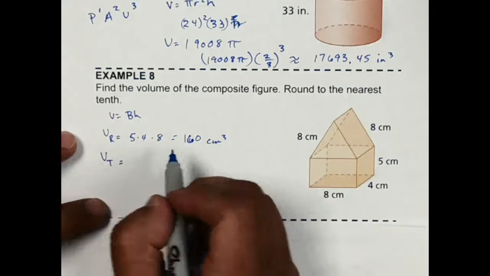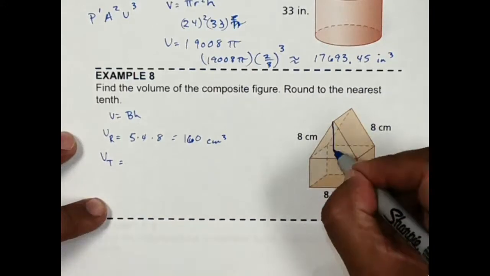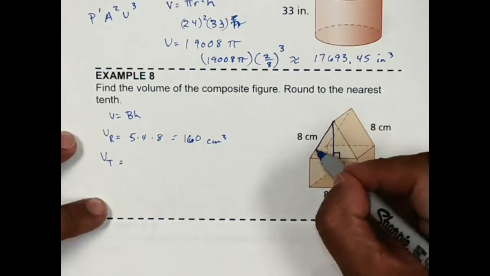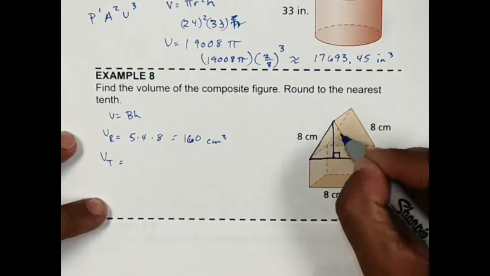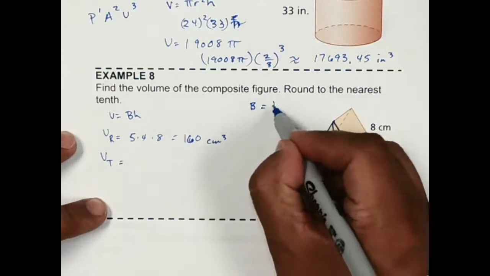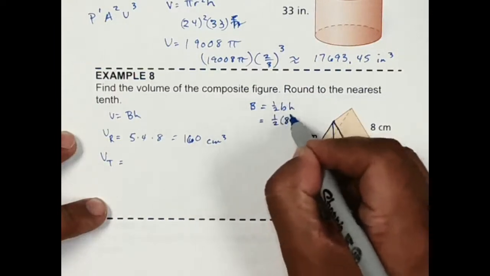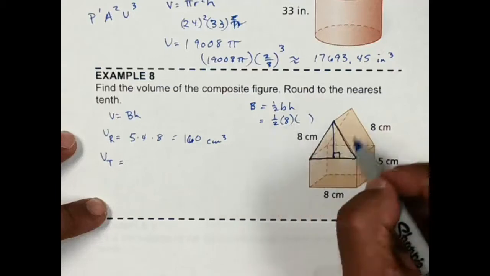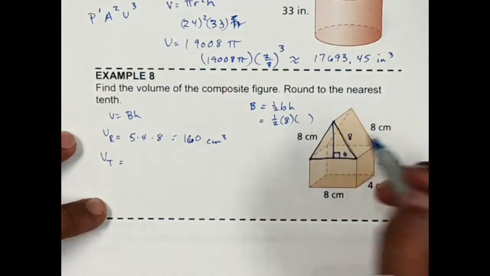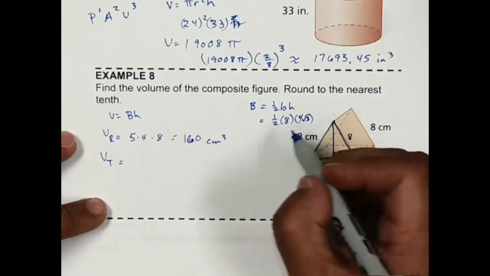The volume of the triangle is going to be a little harder because I have to find the height of the triangle. So there's going to be an extra step because my B is going to be 1/2 base times height. I know my base is 8. I can use the Pythagorean Theorem, or I can use my special right triangles and come up with a height of 4 square roots of 3.